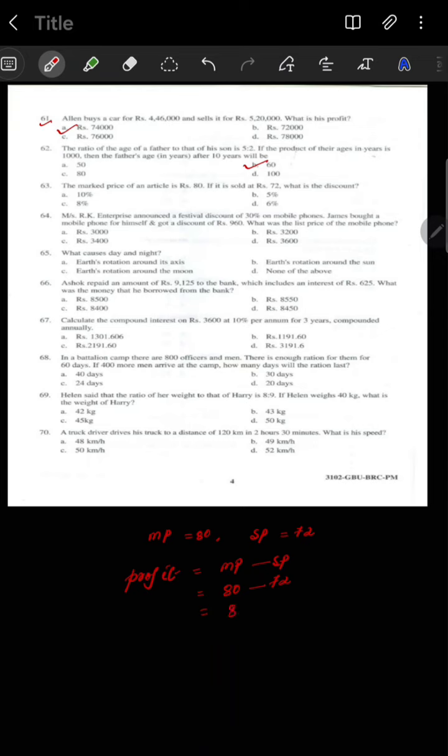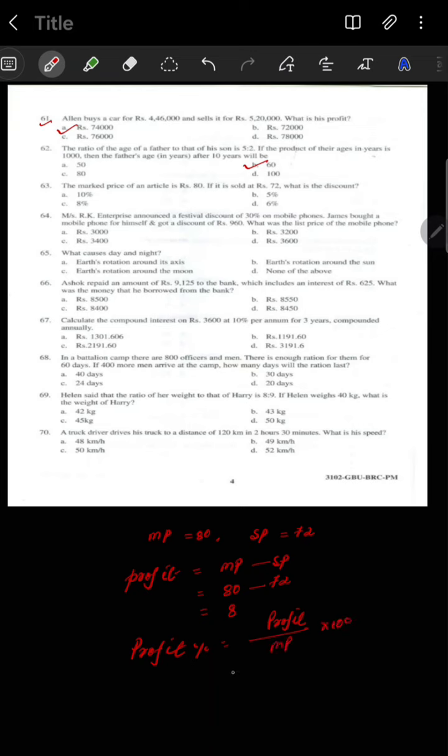But in the question they have given that the answer is in percent. So it means you have to find out the percentage. So percent is equal to, you can write, the discount by market price into 100.